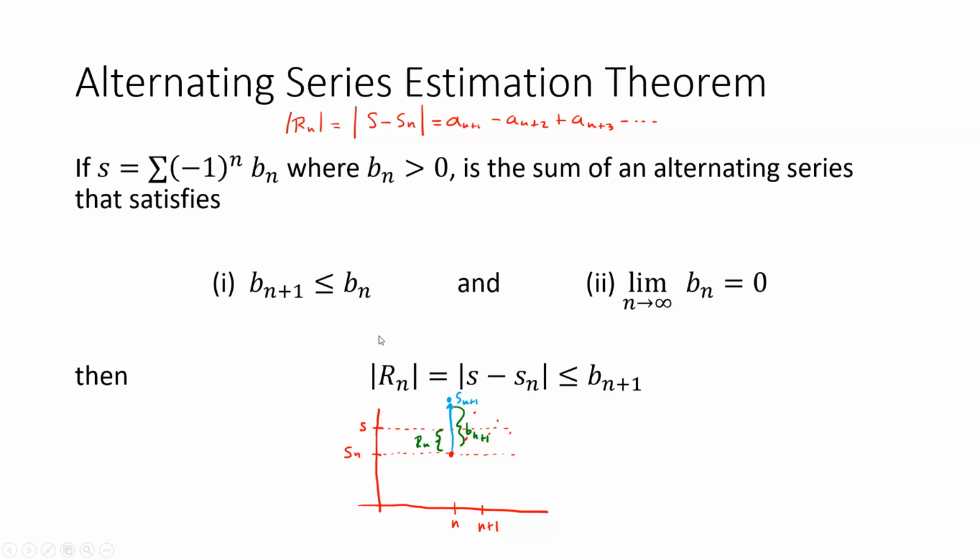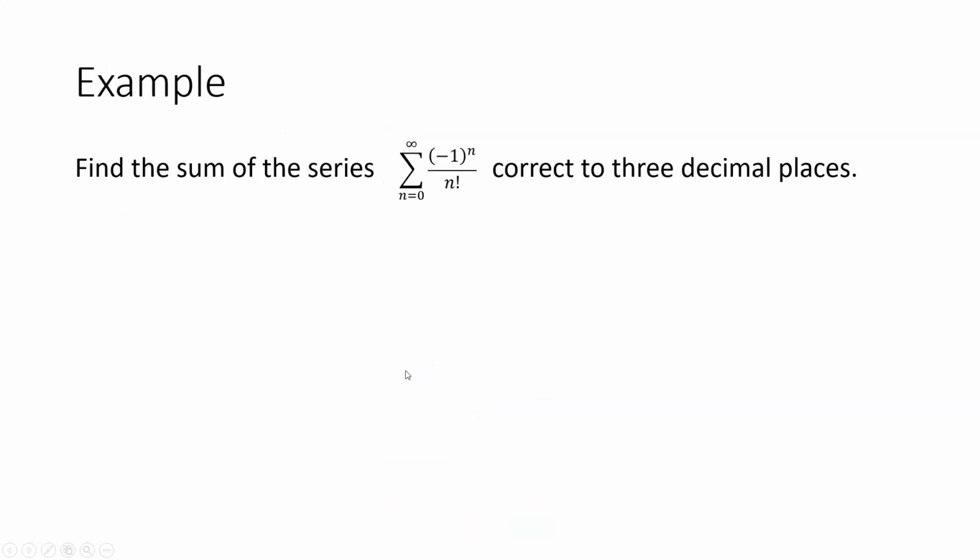So let's demonstrate this here with a simple example. Find the sum of the series negative 1 to the n over n factorial, correct to 3 decimal places. First let's just quickly verify that it's decreasing. 1 over n plus 1 factorial is certainly less than 1 over n factorial.